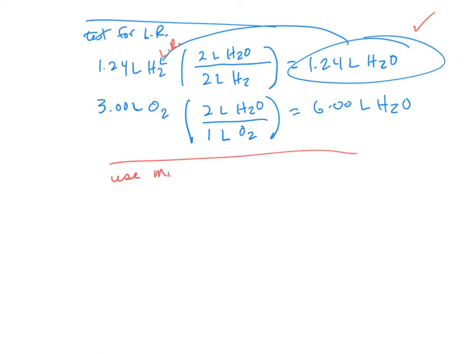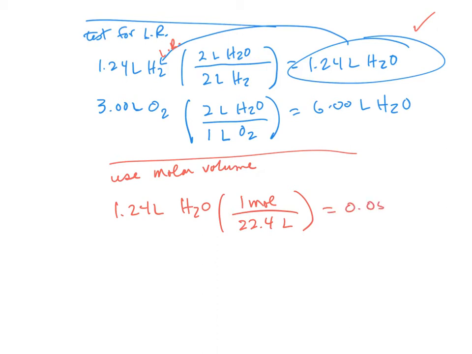So use the molar volume at this point. So you say 1.24 liters of water. And you can say for every 1 mole of gas phase water, that corresponds to 22.4 liters of gas phase water. And you get 0.055 moles of H2O.